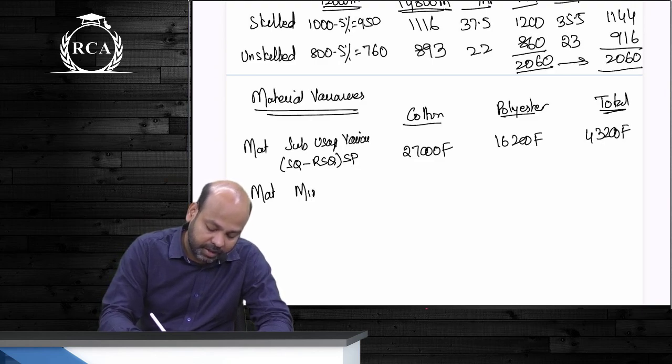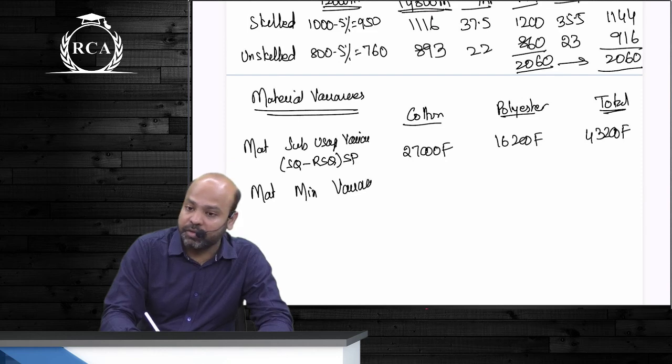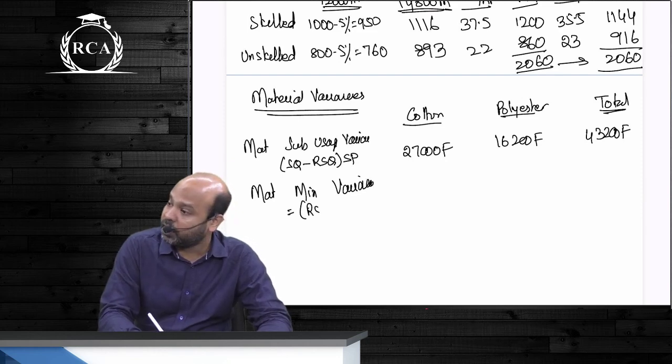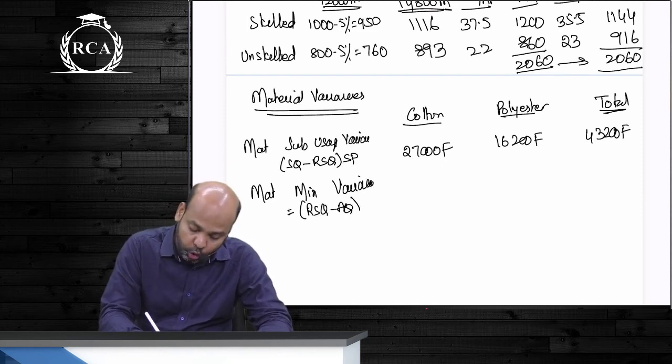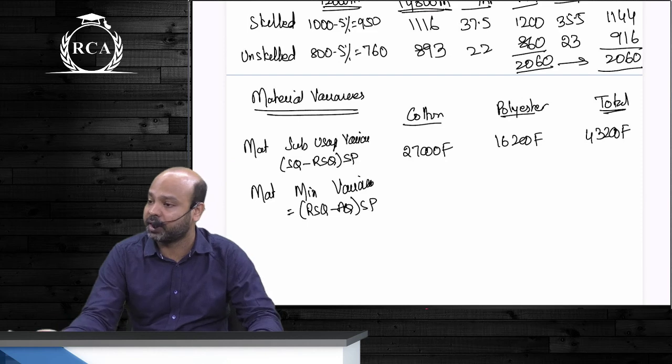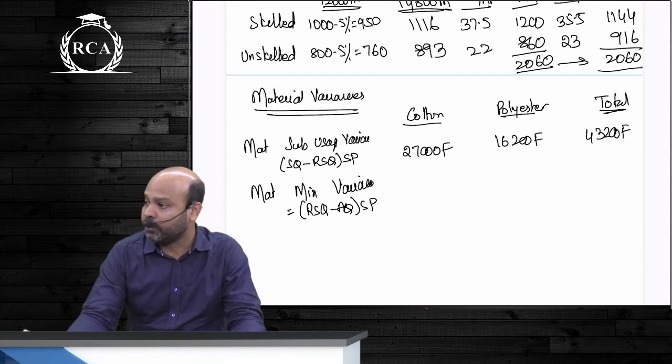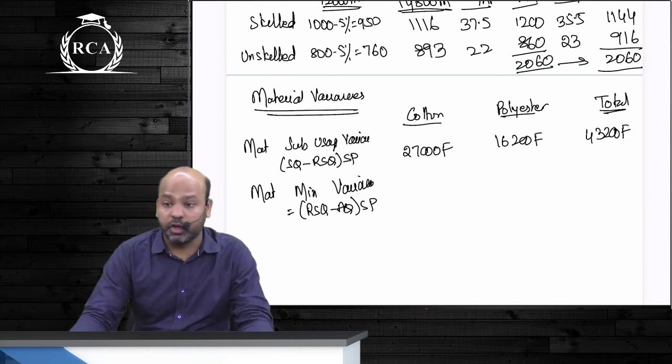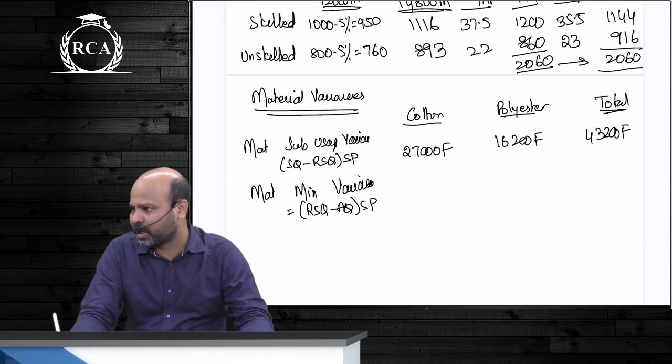Then, beta, is material mix variance. How will you compute mix variance, guys? RSQ minus AQ into SP. Always remember, in mix variance, if one is favorable, the other material will be adverse. If you're using more of one material, that means you're using less of the other material.